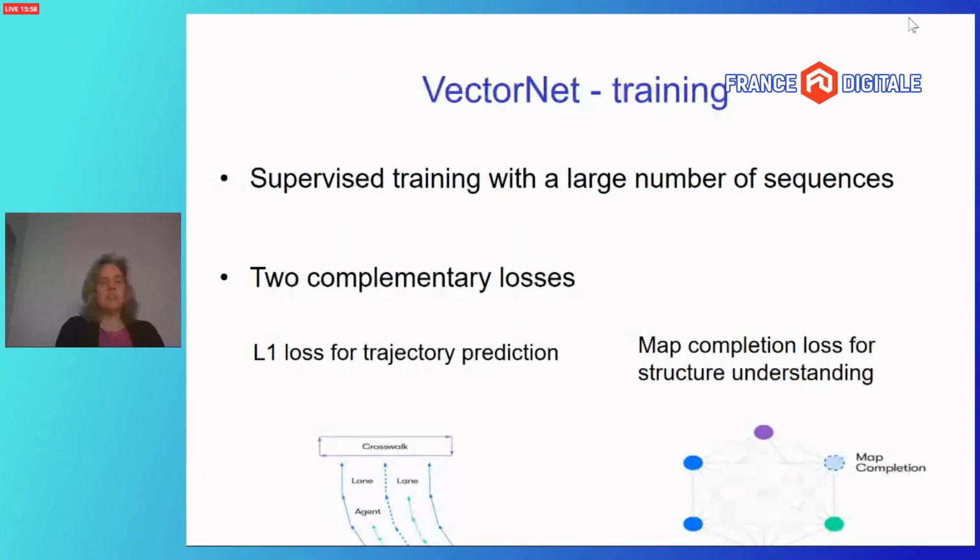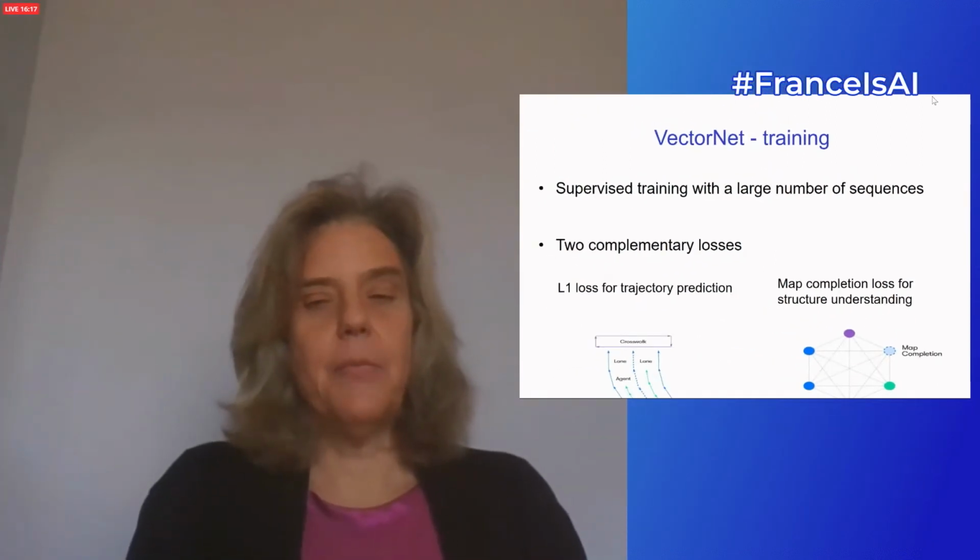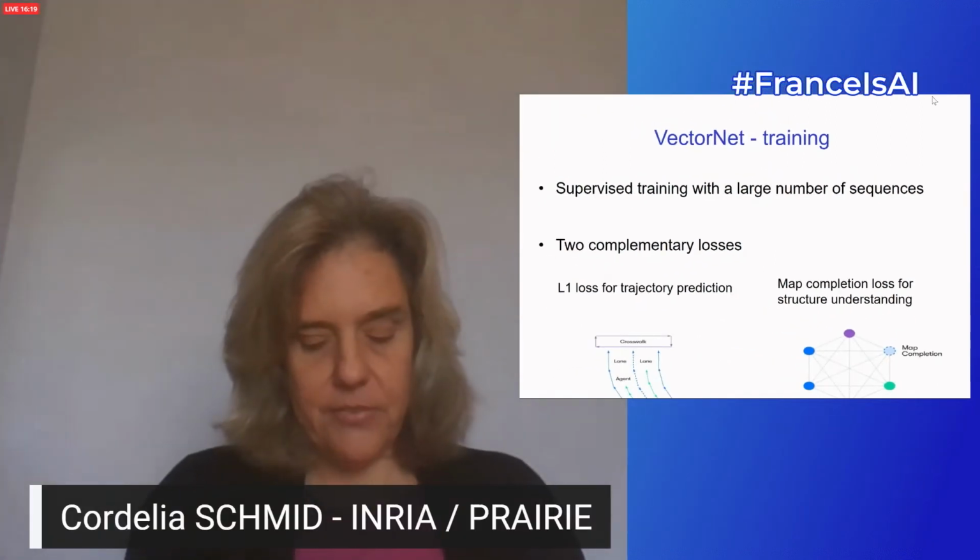Our approach is trained in a supervised manner on a large number of sequences. For the self-driving car sequences, we actually have at any instance in time the prediction of the future. We use two complementary losses, the L1 loss for trajectory prediction and the map completion loss to understand better the structure of the environment.